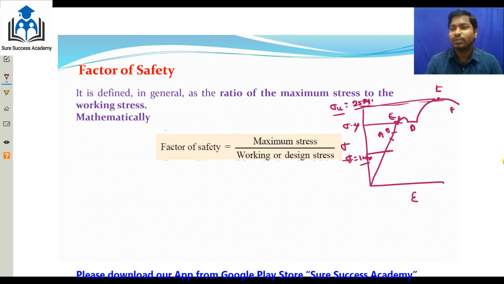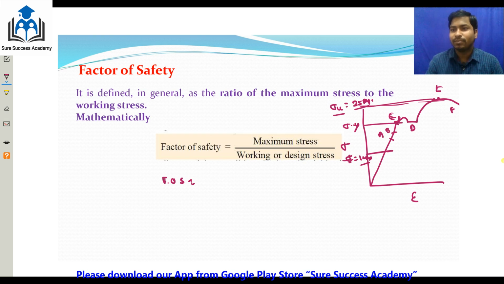You know that stress is equal to load by area. So the stress induced is 100 MPa. But each material has some strength, which is the maximum stress taken by the member, divided by the working or design stress. The working or design stress is lower than the maximum stress. Okay, so you have understood the factor of safety. The factor of safety is equal to the maximum stress the material can take, which may be the ultimate stress or sometimes the yield strength.